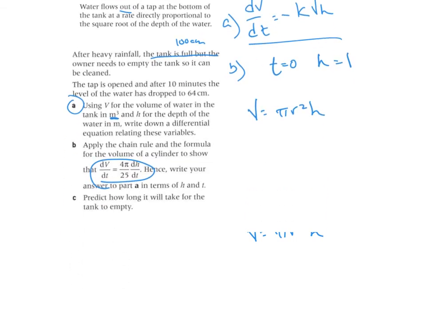So I can say definitively that V equals pi times 0.4 squared times h. 0.4 squared, well, you can do it as decimals, but if you want to know how they got the answer in the book, that's 4/10, which is simply 2/5. Square that, you get 4 over 25, so V equals 4 pi over 25 times h. So there is our formula for volume in terms of our cylinder.